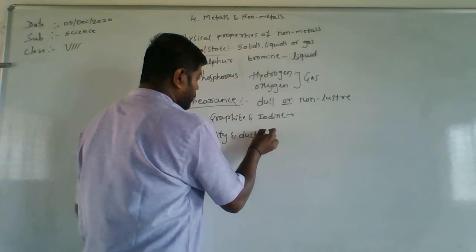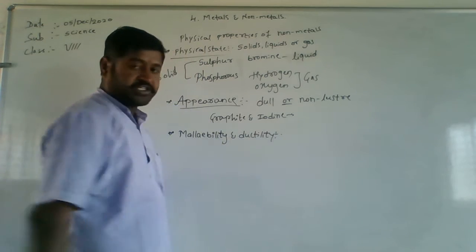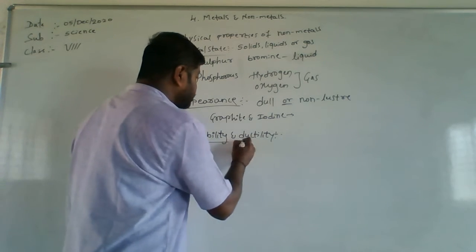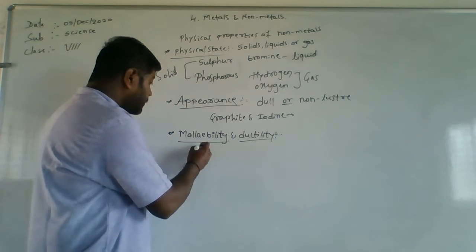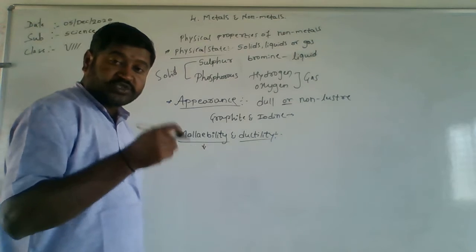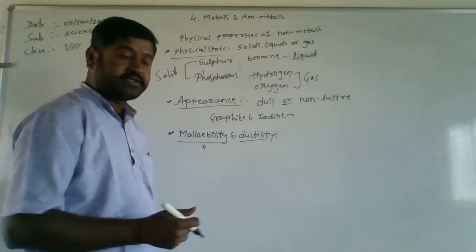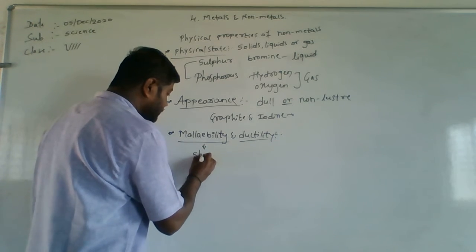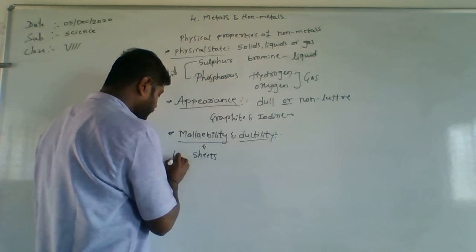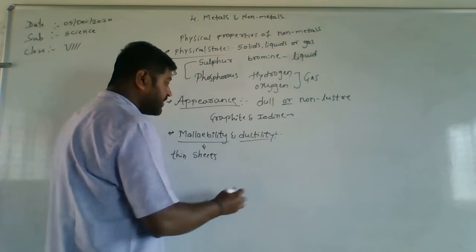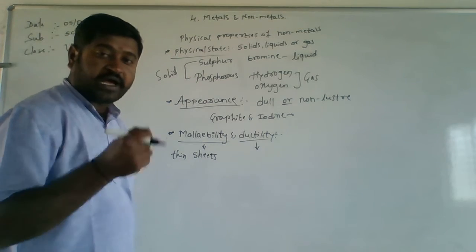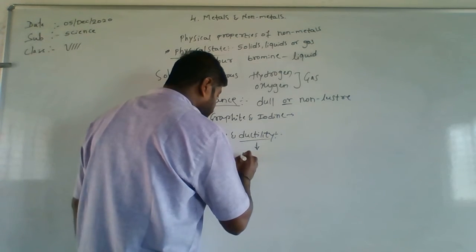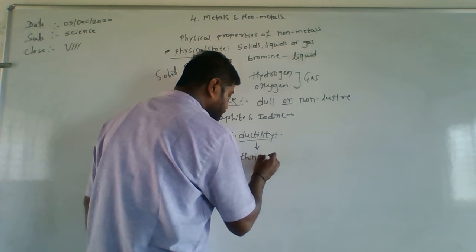We have seen that malleability means the metals were hammered or beaten into thin sheets. And ductility means the metals were beaten or hammered so that a thin wire is made out of it.